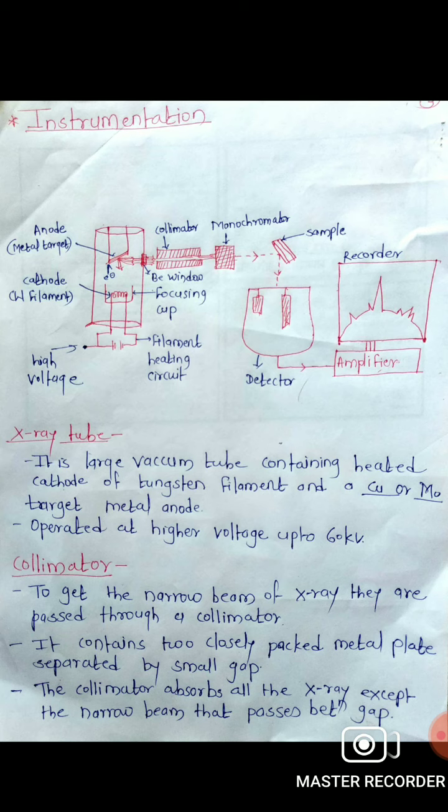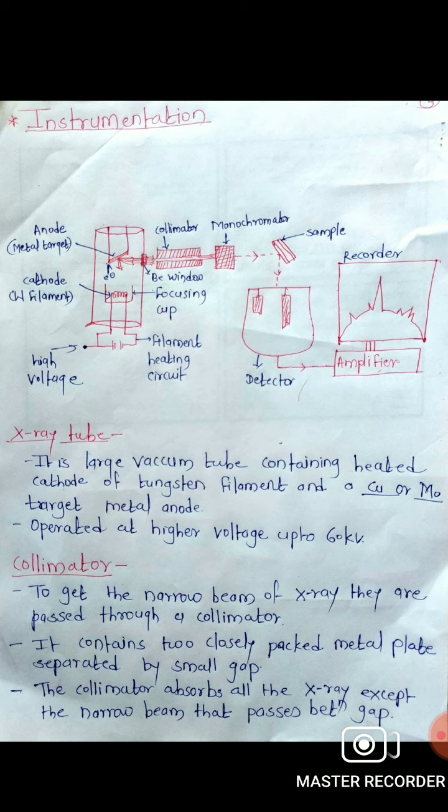If a positive voltage in the form of an anode having a target metal is kept near these electrons, the electrons are accelerated towards this target metal. On striking the target, the electrons transfer their energy to the metallic surface of the target metal, and they produce the X-ray. This is the working of the X-ray tube.